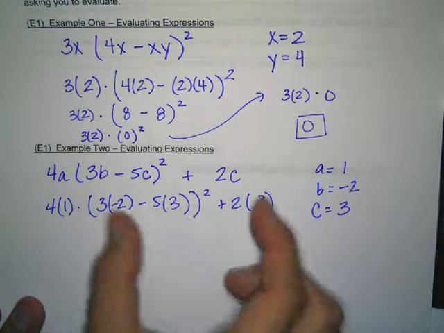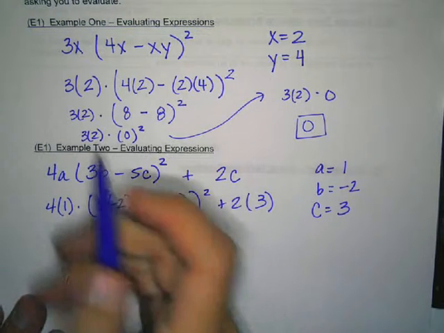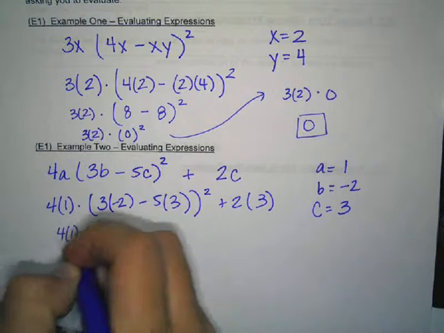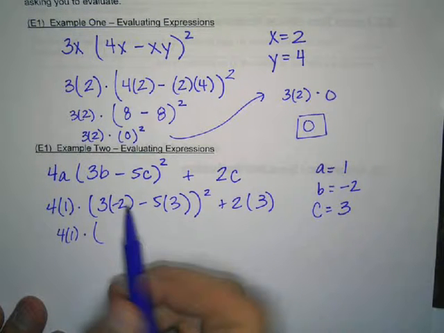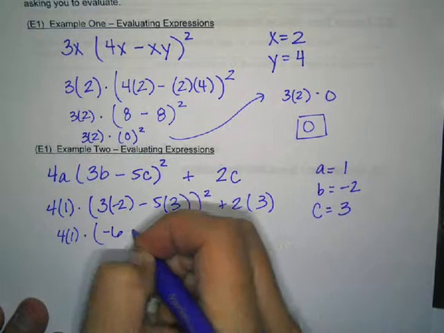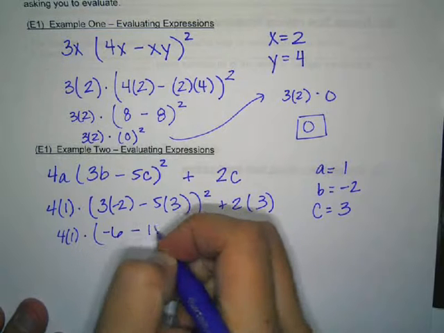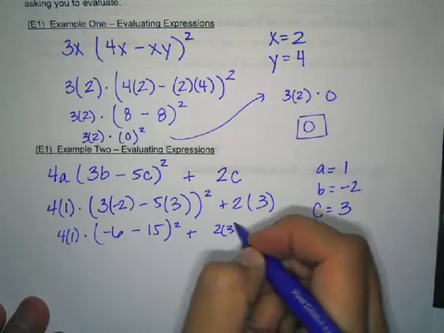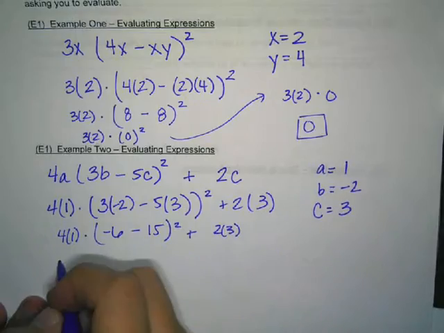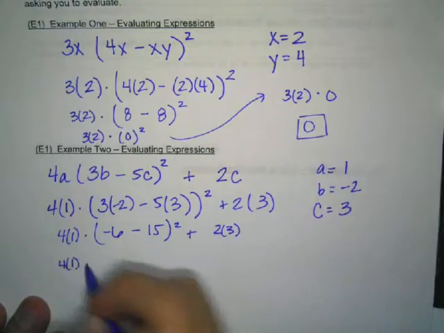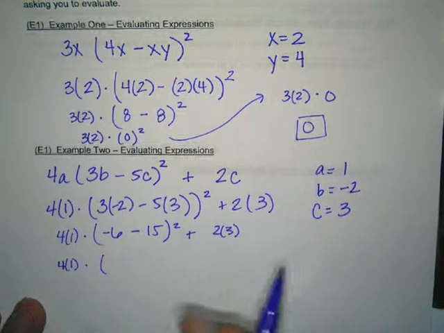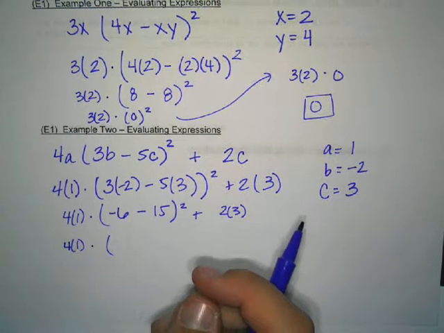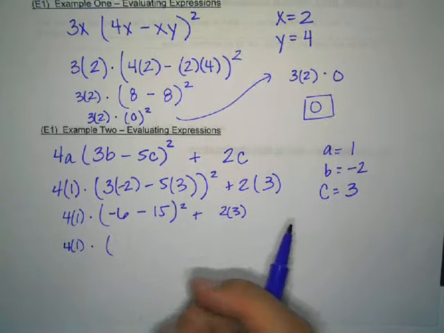So that's why I'm going to concentrate. 3 times negative 2 is negative 6. 5 times 3 is 15. Negative 6 minus 15, still working inside the parentheses, will be negative 21.